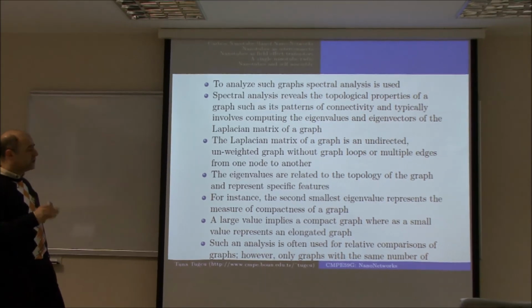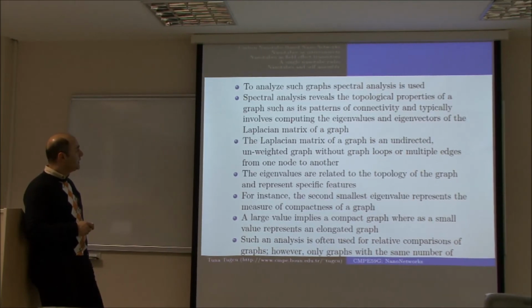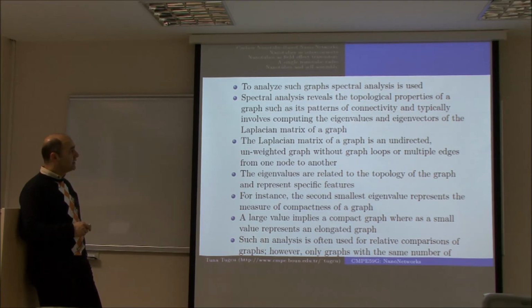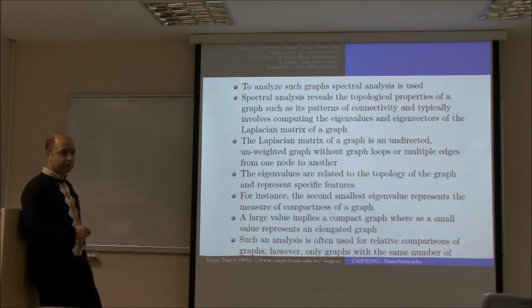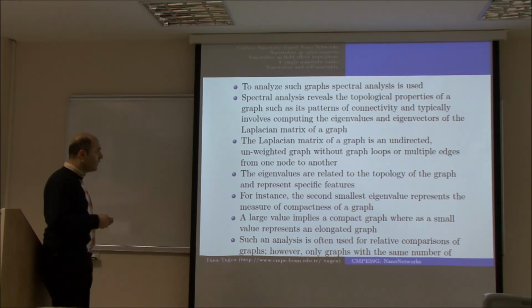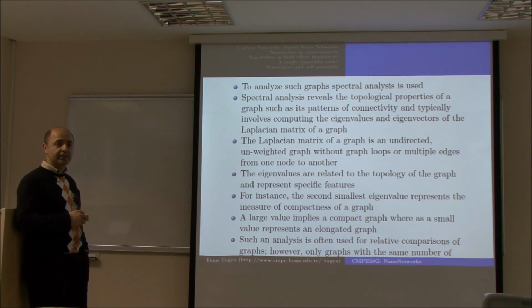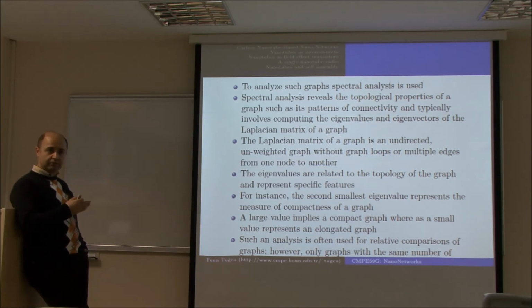We'll not go into too much details of spectral analysis, but the spectral analysis in general reveals the topological properties of a graph, such as its patterns of connectivity, and typically involves computing the eigenvalues and the eigenvectors of the Laplacian matrix of a graph. In a nutshell, the spectral analysis is a way of measuring the connectivity of a graph, okay?